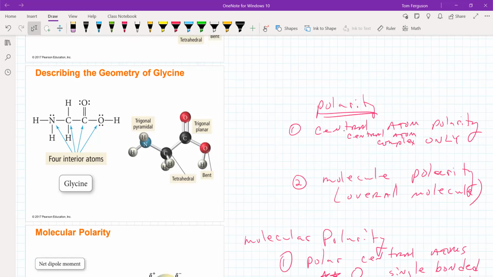So, glycine. Does this have any chiral molecules in it? Am I putting you on the spot? Okay.